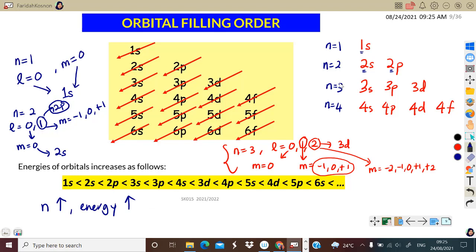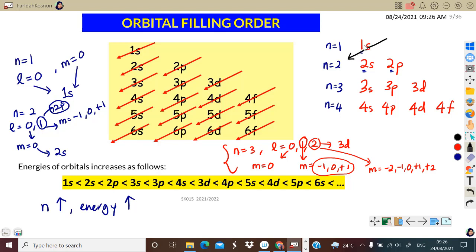So bila nilai n lagi rendah, it shows that 1s orbital has the lowest energy. If we want to fill the orbitals with electrons, we must start with 1s orbital first. Berapa banyak 1s boleh isi? Maksimum 2. Ini kita dah belajar.